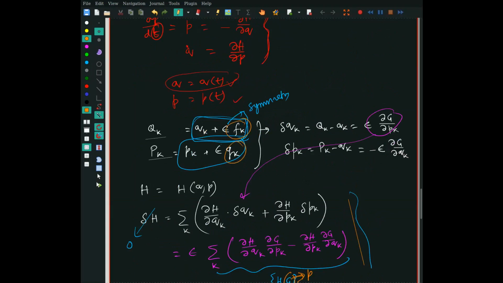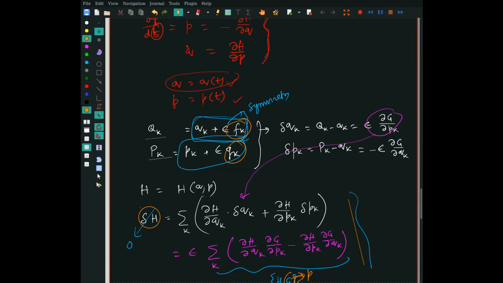So Fk and Gk would be arbitrary. Now for some special Fk and Gk, this del H will be 0. So those are my symmetry transformations. Those are my good generators, which generate a symmetry transformation. So my Hamiltonian only Poisson commutes with those generators, not any arbitrary generator.